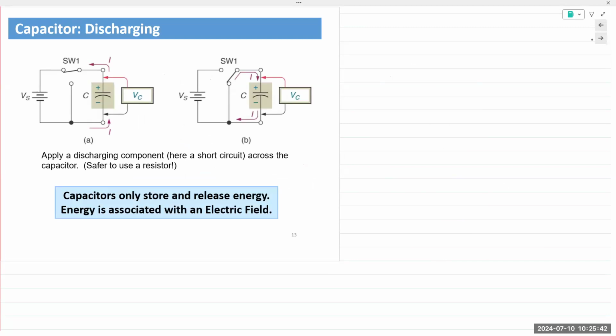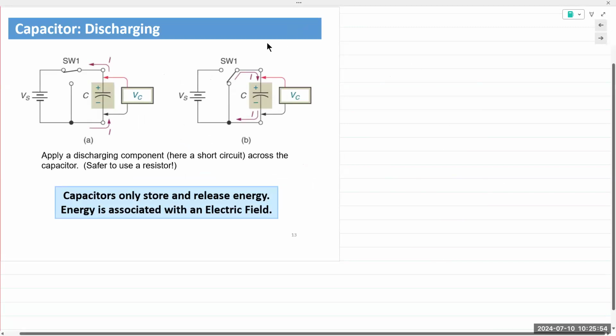If you take a fully charged capacitor, even in real life, and you take it out and you short the two leads, all of the energy in the capacitor is released all at once.